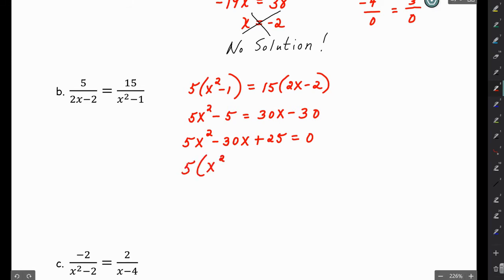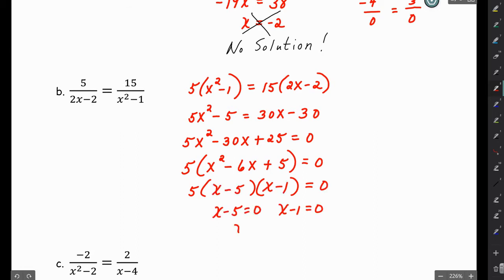That'll make things a lot easier for me. Now I can go ahead and factor that quadratic. So I have two solutions, either x equals 5 or x equals 1. You're going to have to check both of those.